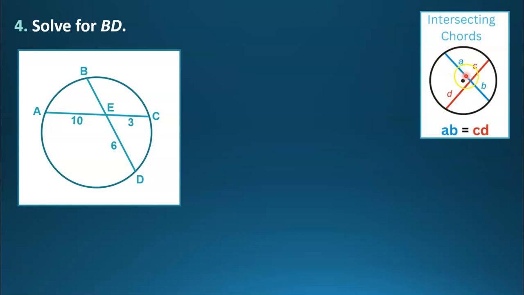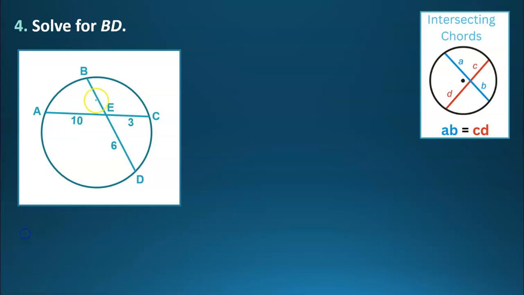So this piece A times this piece B, their lengths multiplied together will be equal to the pieces of the other chord multiplied together. So if we take this piece C and this piece D, we multiply them together, these products are going to be the same. So if we have intersecting chords and 3 out of the 4 of these individual pieces are known, we can solve for this last one.